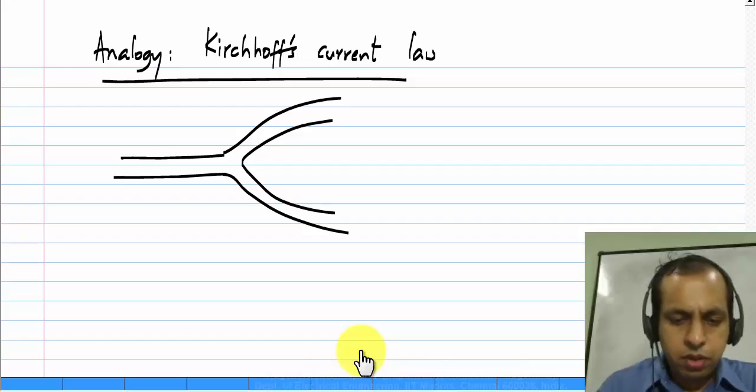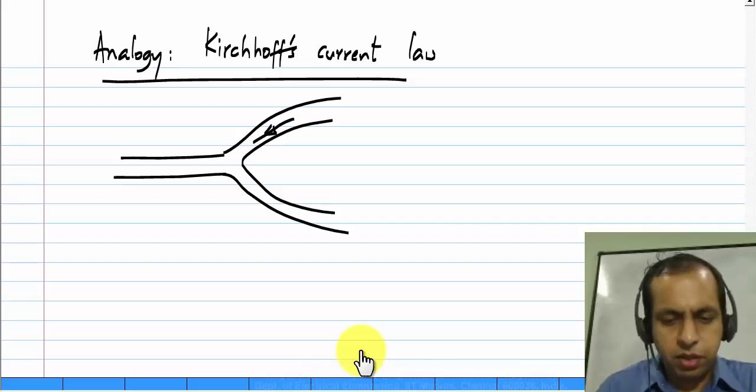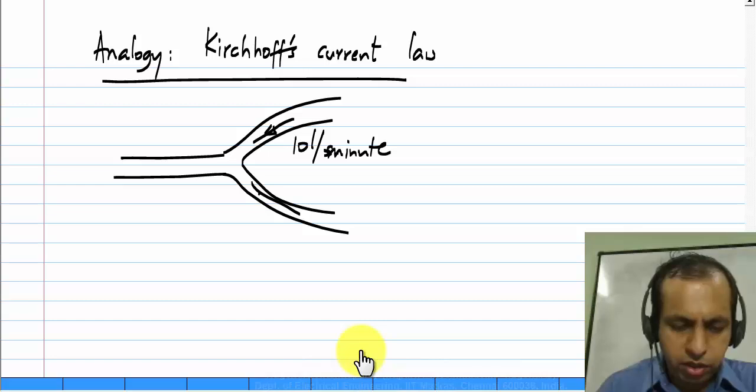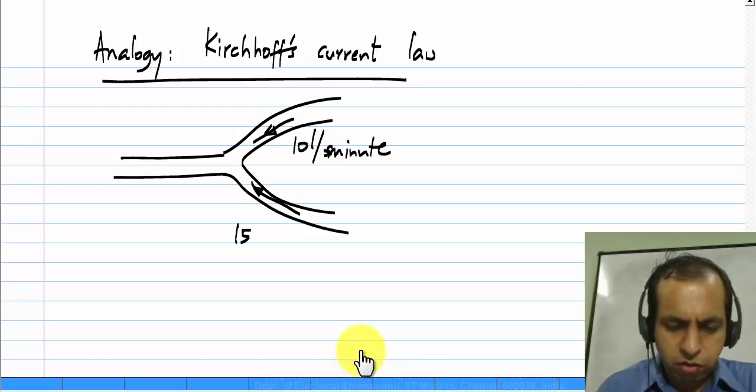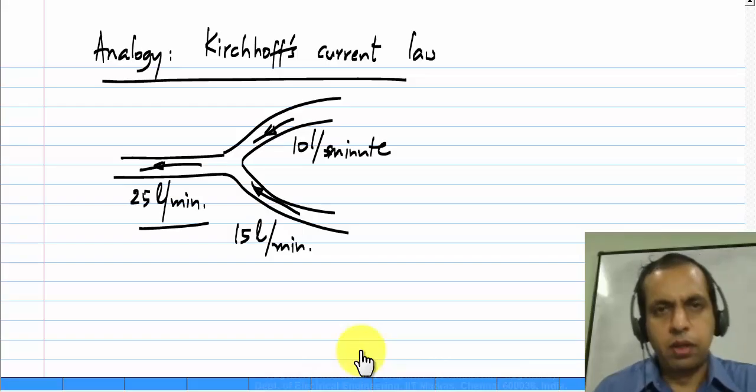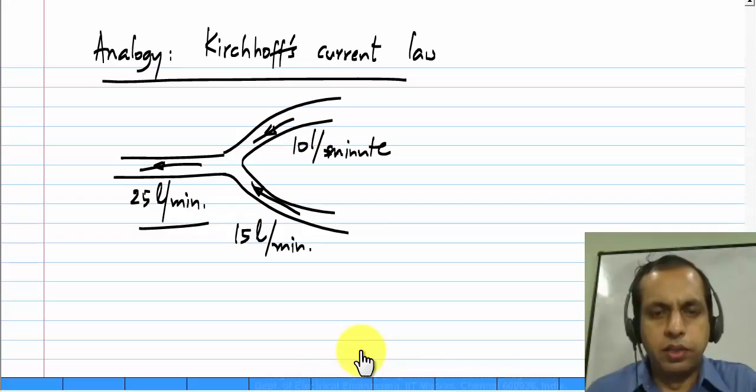Now let's say water is flowing here at 10 liters per minute and water is flowing here at 15 liters per minute. You obviously know that water will flow out here at 25 liters per minute. Okay, this is all that is, right?